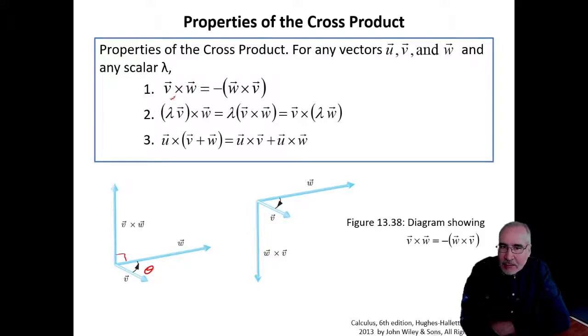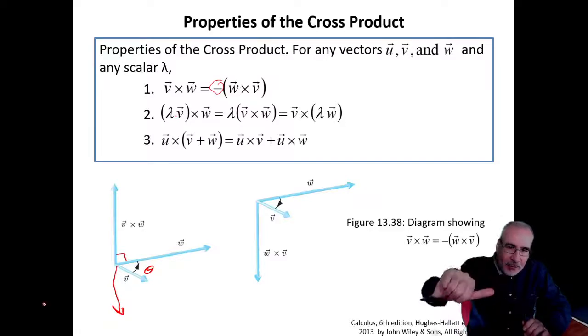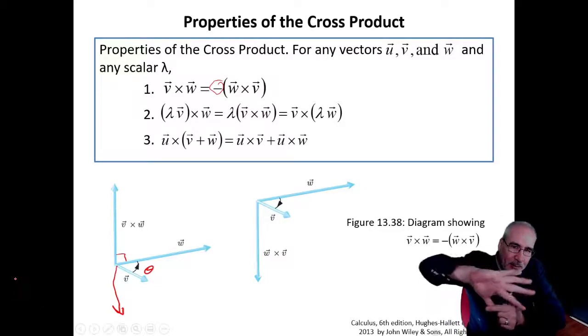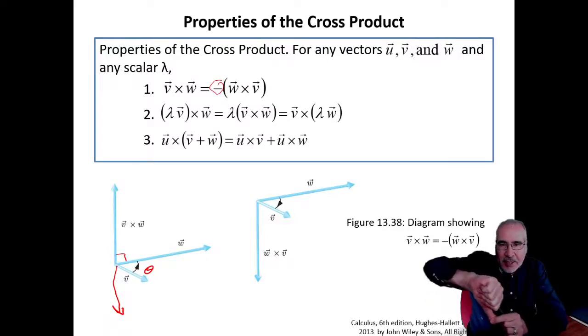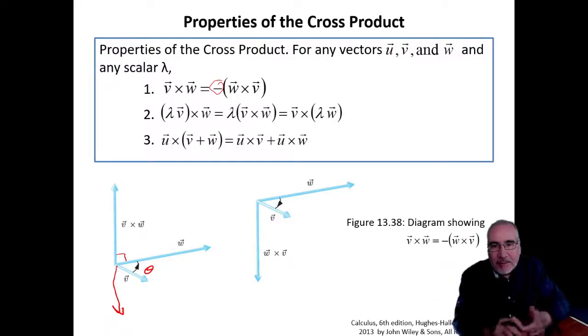And as I discussed, if we change the order, if we go from W to V, then the normal is going down the other direction. It's the opposite. So that's where this part comes from. Thinking of that right-hand rule, your thumb becomes the normal. So if you go this way, it goes down. If you go this way, it's going to go up. Okay.